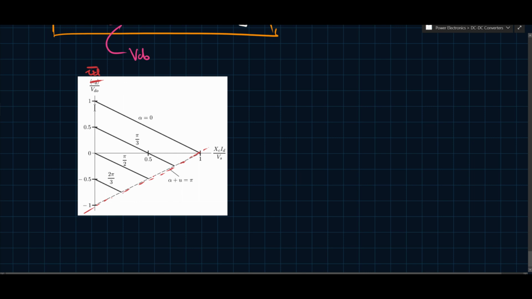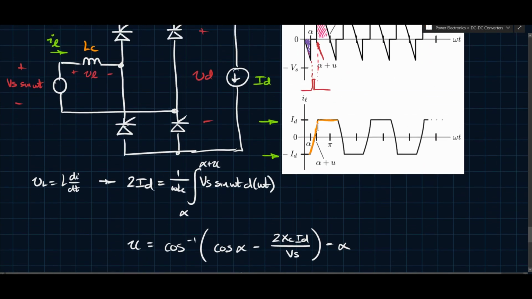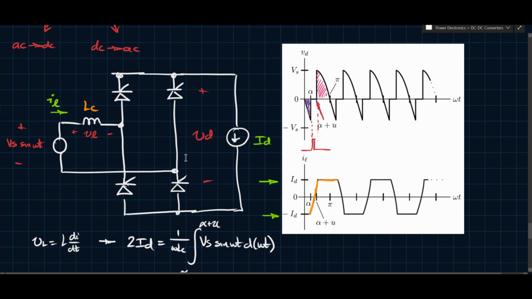One is ID: as ID increases, the average output voltage relative to the benchmark decreases. At the same time, as the value of alpha increases, the highest it can go, which is 0.5 in this case, becomes much lower, right? And it might get to a case where it's negative here. That's again the inversion case, but you can't necessarily have inversion in some configurations like this one.